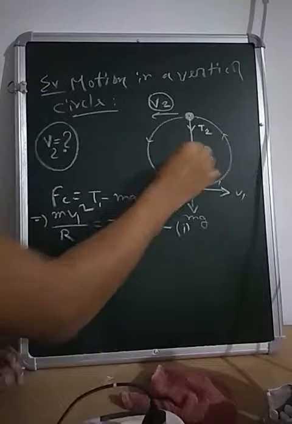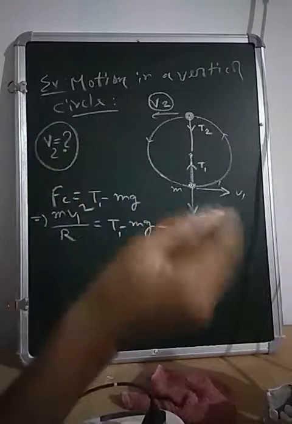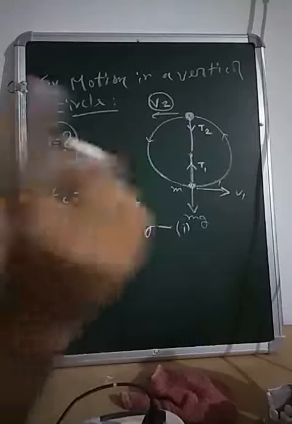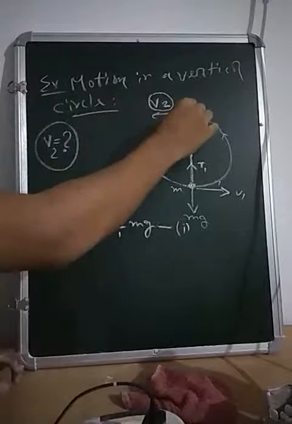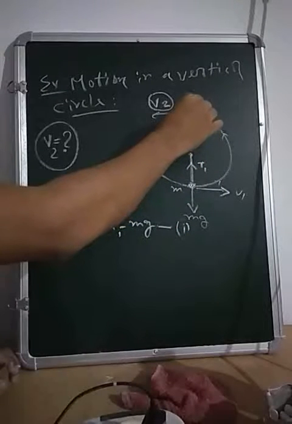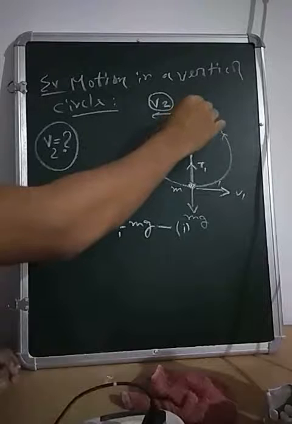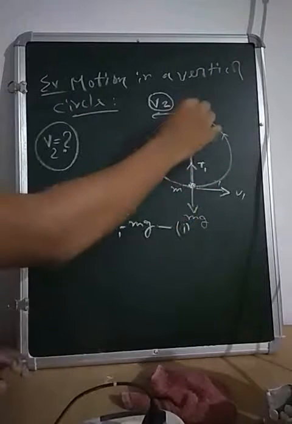In the case of rotating a stone in a horizontal circle, tension is uniform at every position of the stone. But in this case, due to the gravitational force, the kinetic energy and potential energy at this position will be different from those at that position.